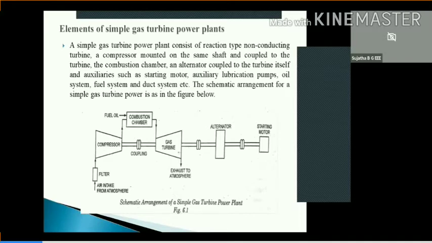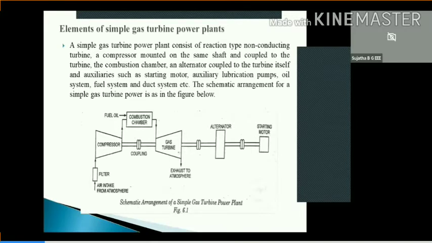Of course, you require a starting motor for running your compressor. So it mainly consists of a reaction type turbine, and a compressor mounted on the same shaft and coupled to the turbine. All are coupled to the same shaft. Then the combustion chamber, an alternator coupled to the turbine itself, and auxiliaries such as a starting motor and lubrication pumps.